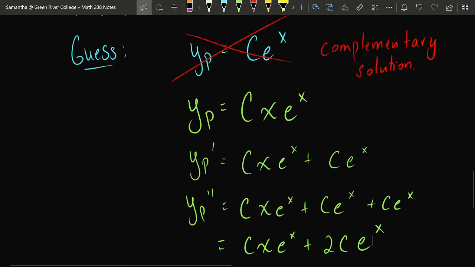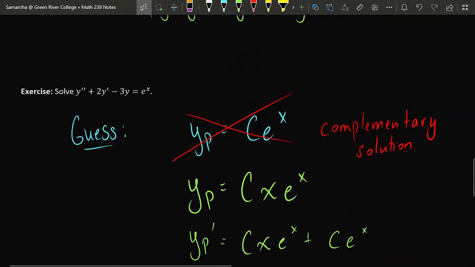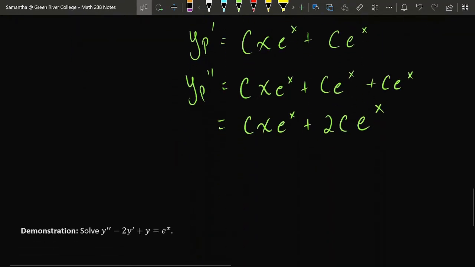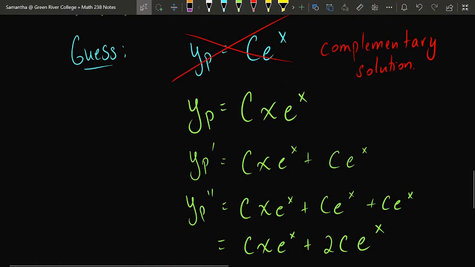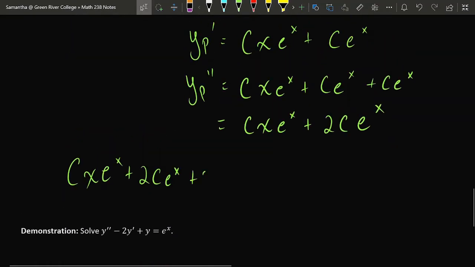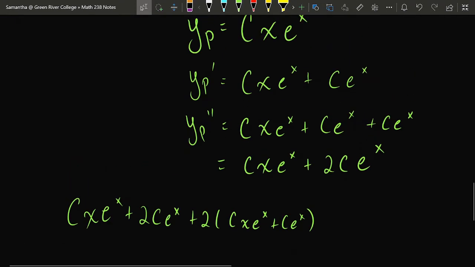So now let's try plugging this into our differential equation to see if we can figure out the value of c. y'' + 2y' - 3y, and we need that to be equal to e^x.